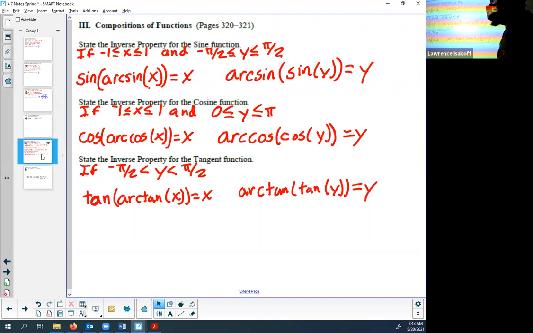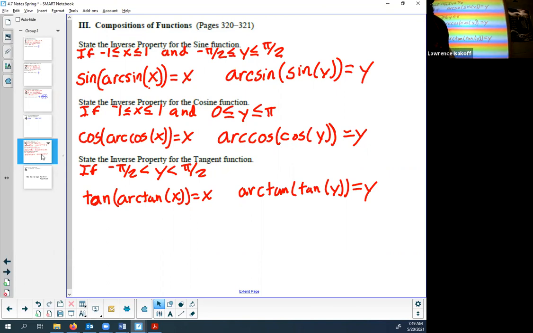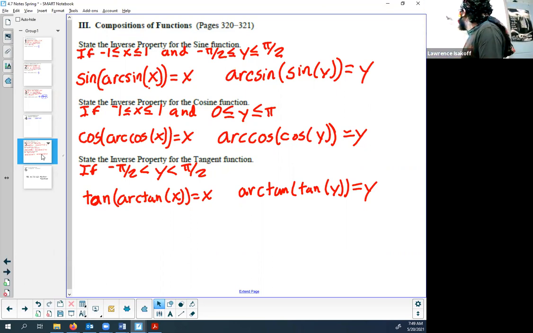Now there are some important stipulations for this. Basically, if I say the sine of the arc sine or the arc sine of sine, they undo each other, they cancel out. However, our x value needs to be between -1 and +1.